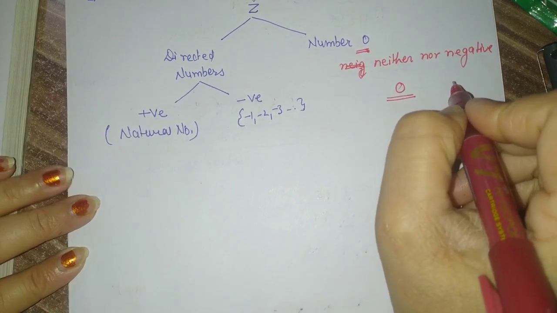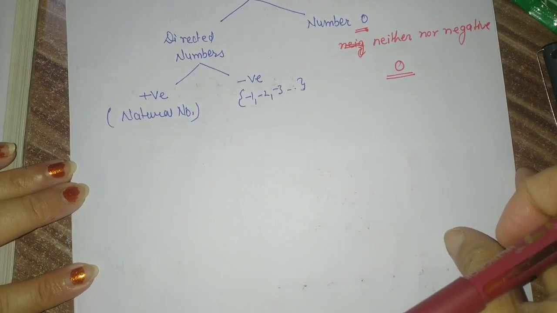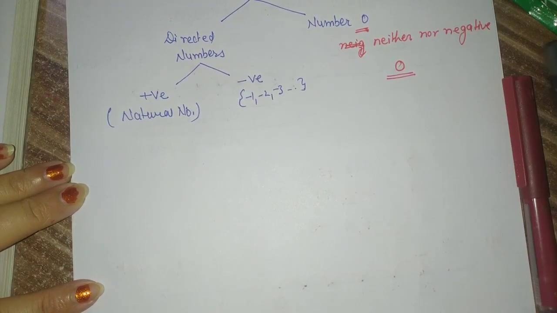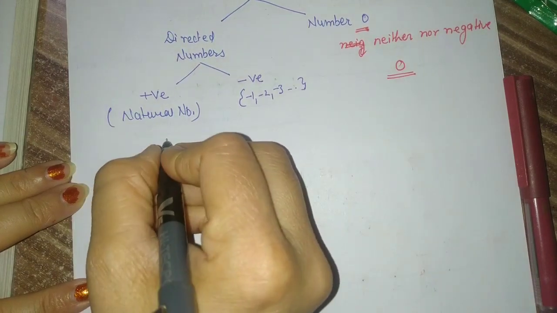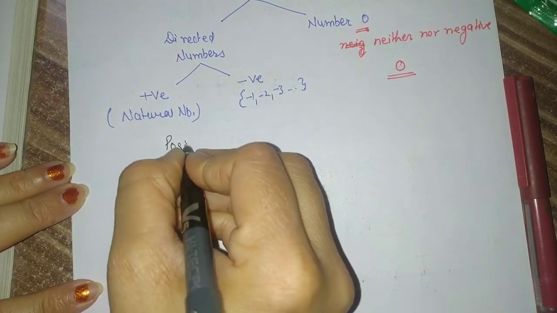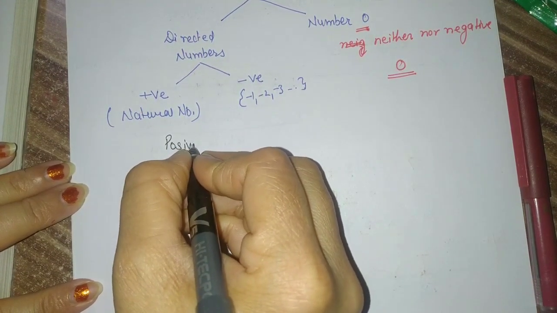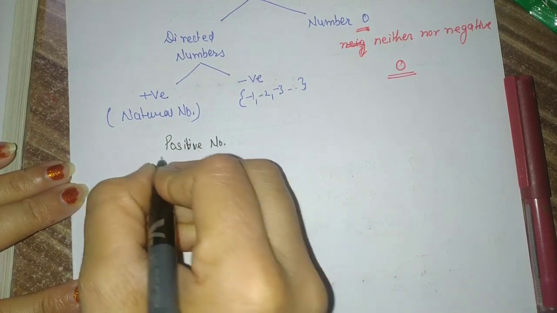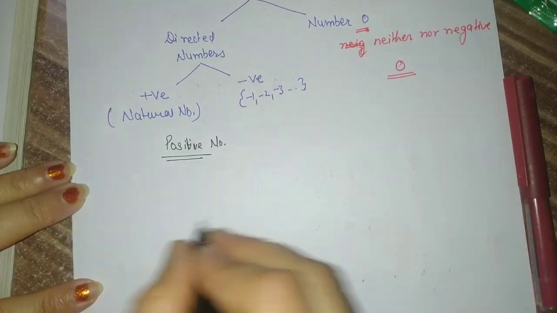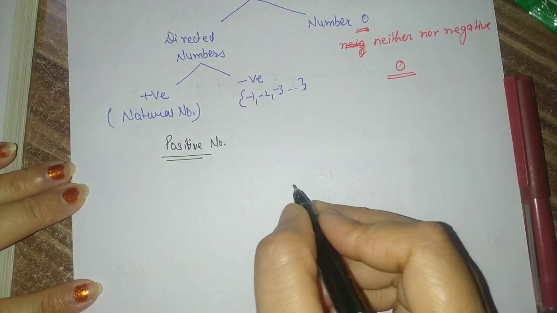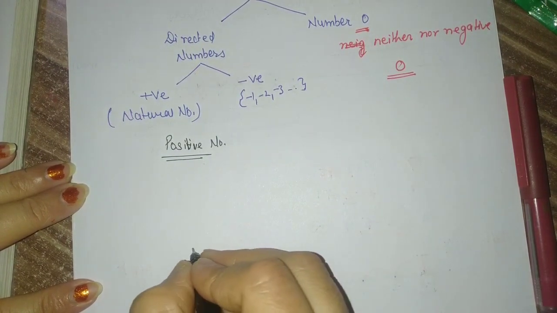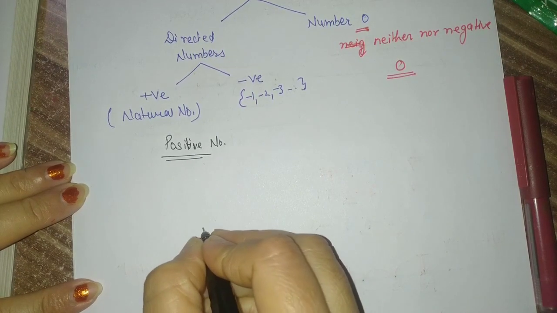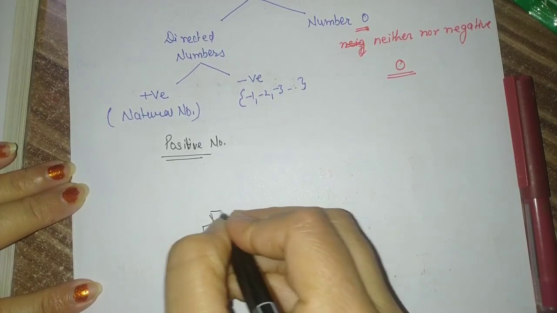Okay, students? Now after this we are going to discuss some terms which we use for positive numbers. I am going to explain with one example. Here are some staircases.